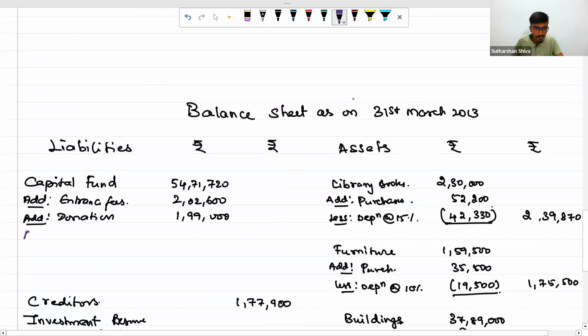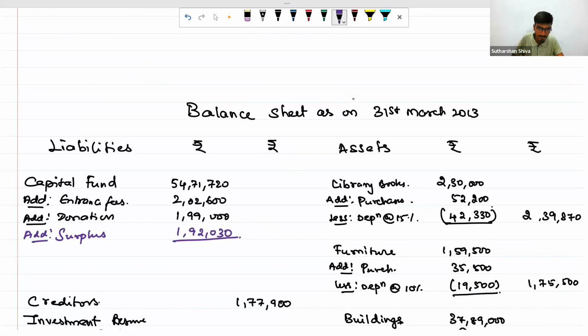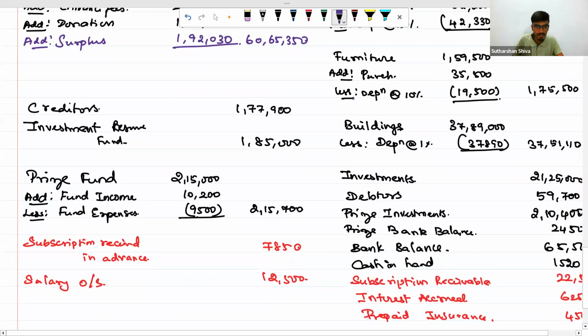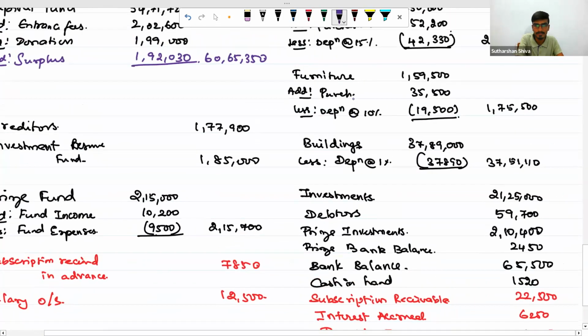If it is a surplus, we will add surplus, that is 1,92,030. Add all this. What is the value? 65,350. Now add all this, plus 1,70,000. One will add the liability side, one will add the asset side.